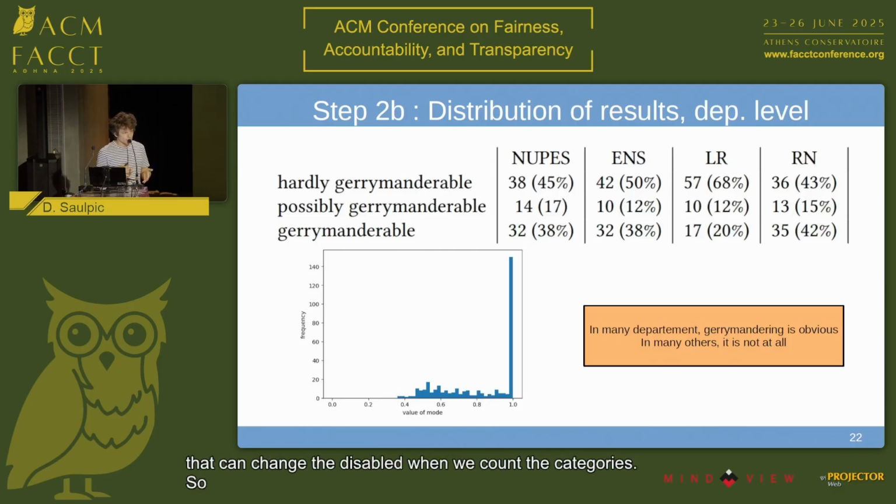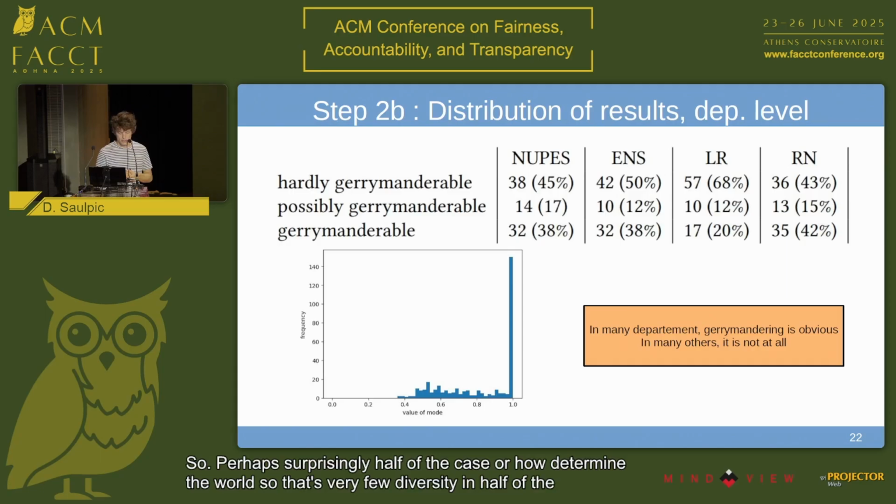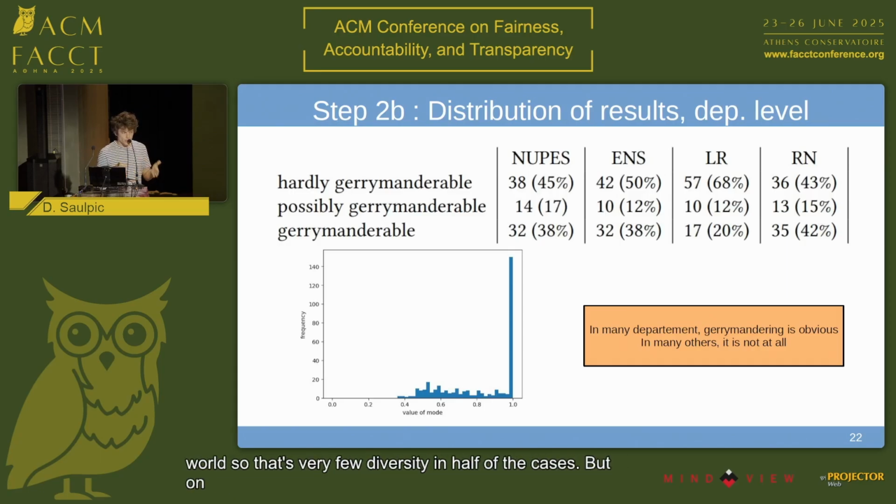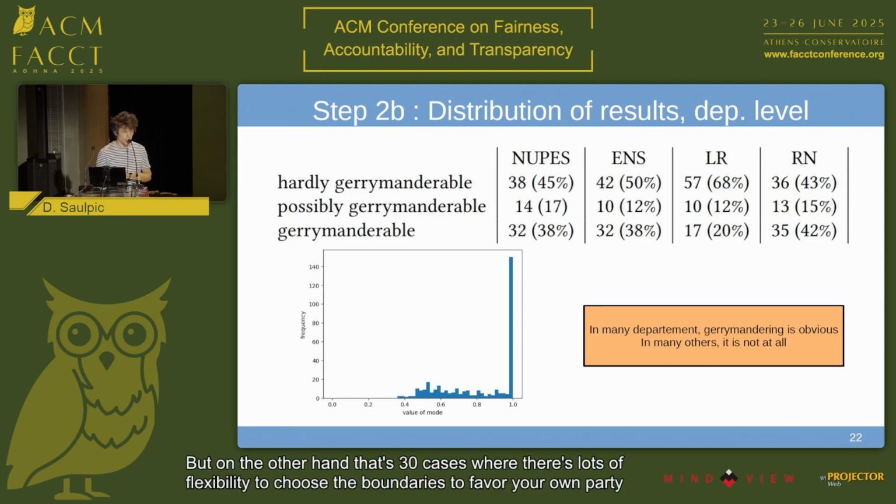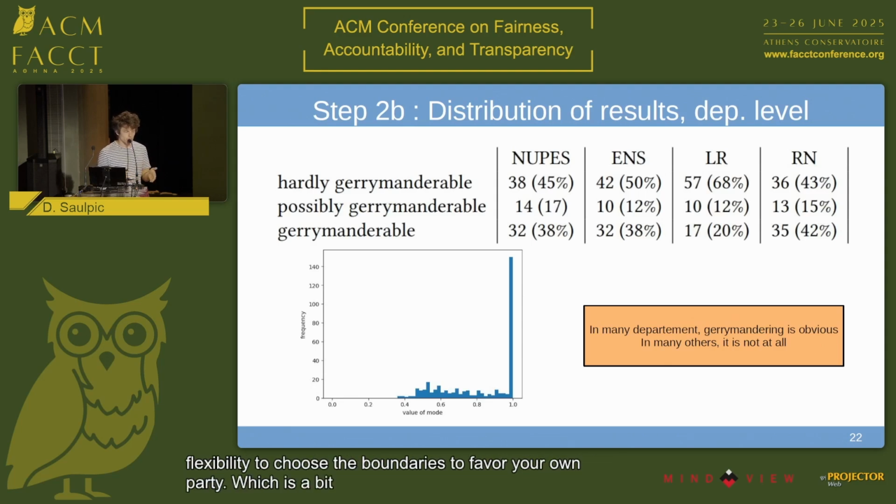So perhaps surprisingly, half of the cases are hardly gerrymanderable, so there's very little diversity in half of the cases. But on the other hand, there are 30 cases where there's lots of flexibility to choose the boundaries to favor your own party, which is a bit surprising, this balance, to me. We can discuss that afterwards.